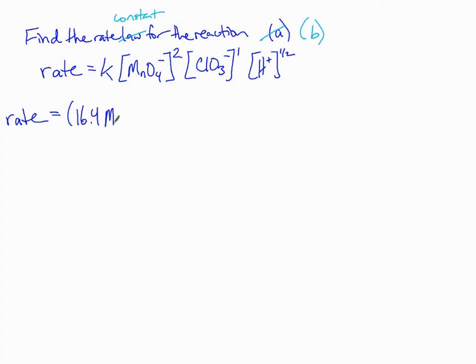16.4 molar to the -5/2, second to the -1st. Then our new concentration of permanganate is 0.20 molar, and that one's the second power. Chlorate, 0.20 molar, that's the first power. And hydrogen, 0.20 molar to the 1/2 power.